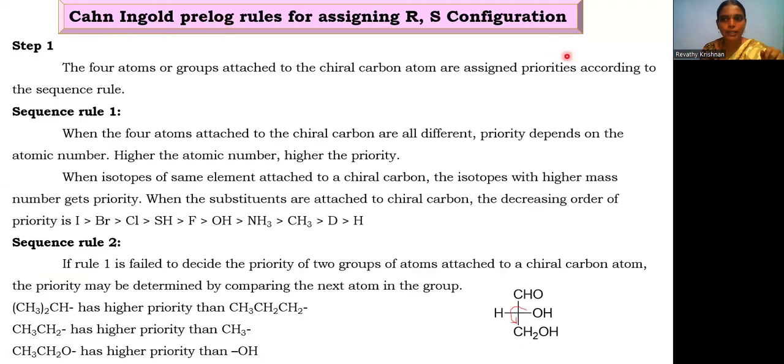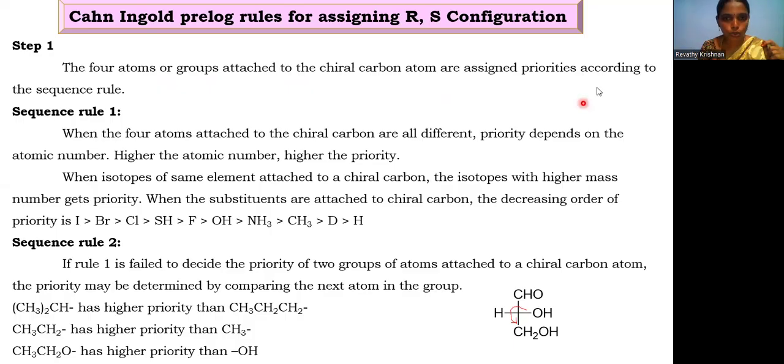The first step is that the four atoms or groups attached to the chiral carbon atom have to be assigned priorities according to the sequence rule.